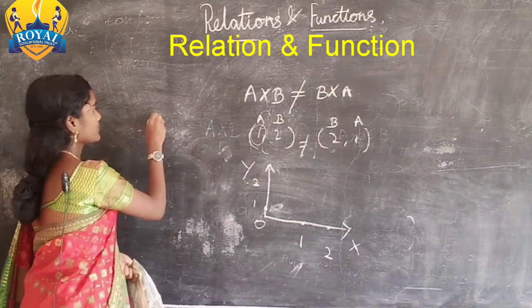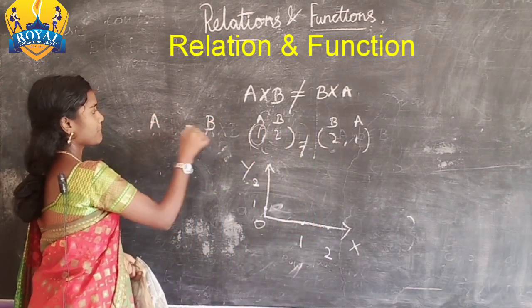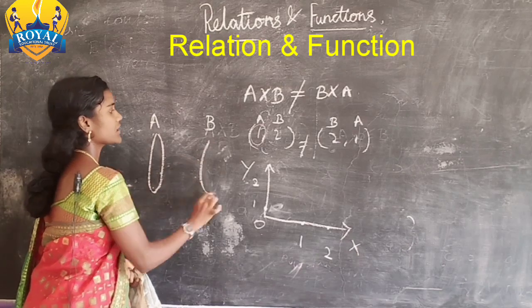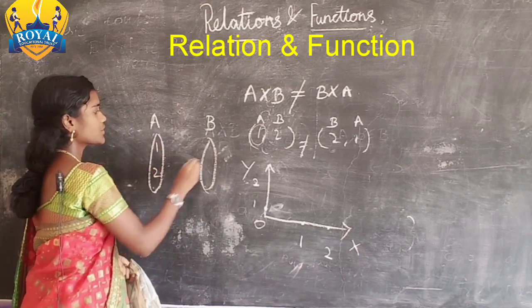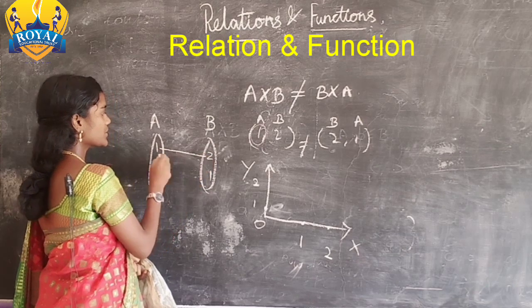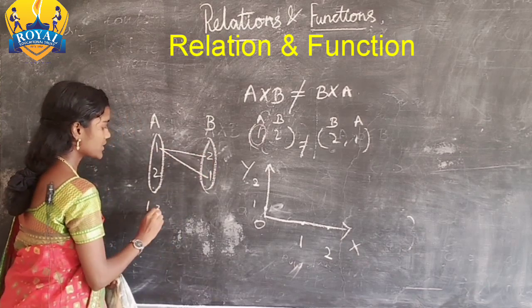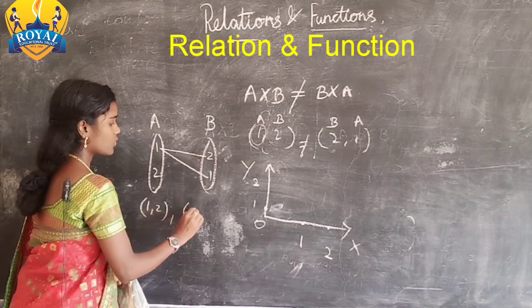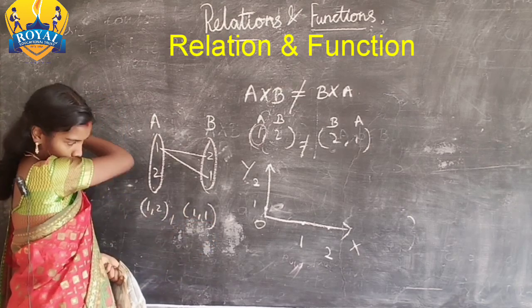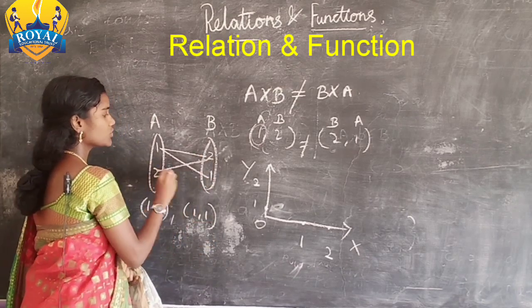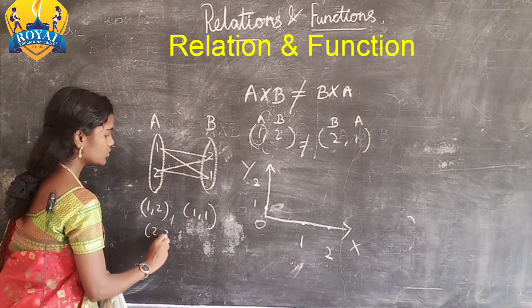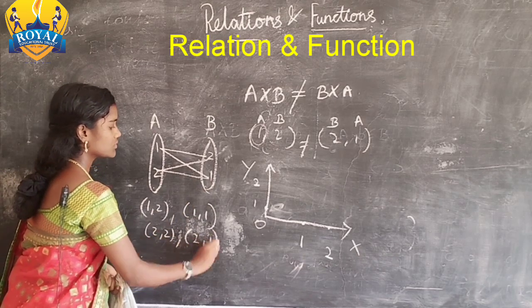Here A cross B: the ordered pairs (1, 2), (1, 1), (2, 2), (2, 1).